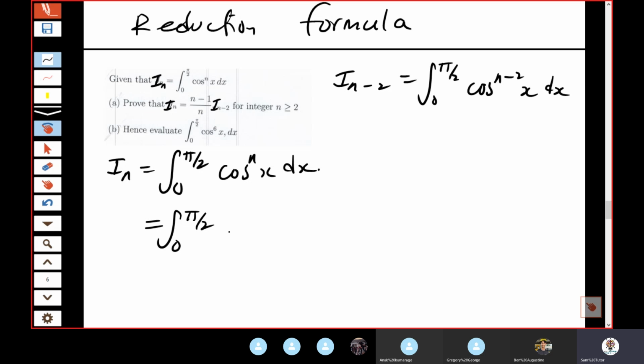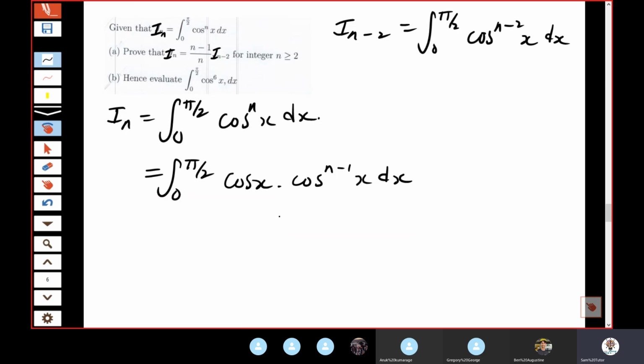So your first one is cos x to the power of 1 times cos to the power of n minus 1 x dx. We understand what I've done there? N is equal to 1 plus n minus 1, so I've split it up into cos x and cos n minus 1 x dx.